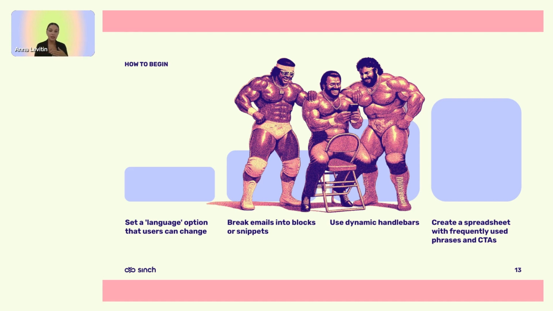And the last thing that we personally did, the team I worked for at an e-commerce brand, we created a massive spreadsheet with frequently used phrases, mostly for CTAs like buy now, sale extended, last minute delivery, and so on and so forth.